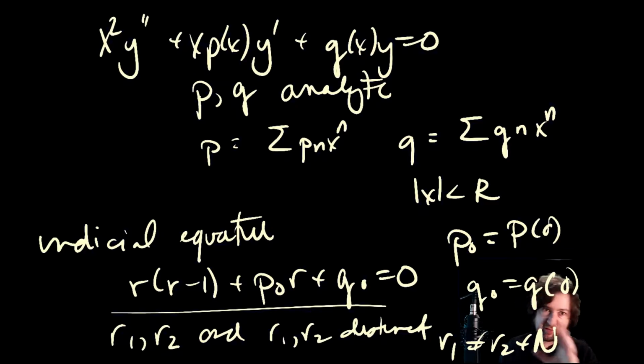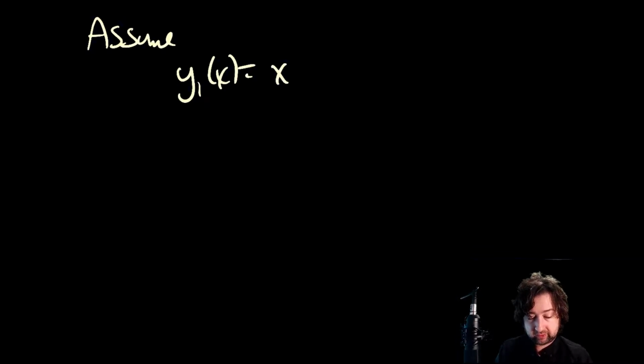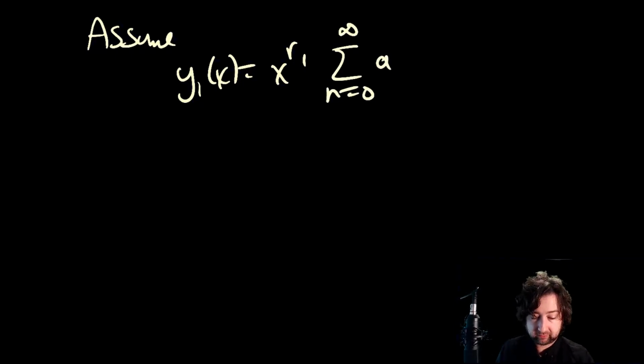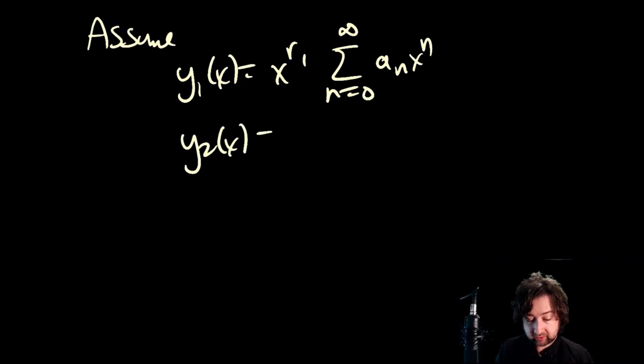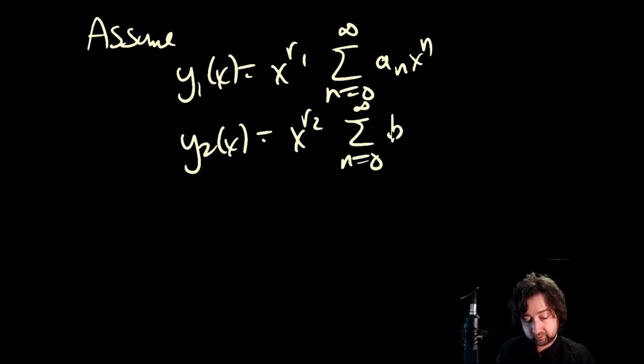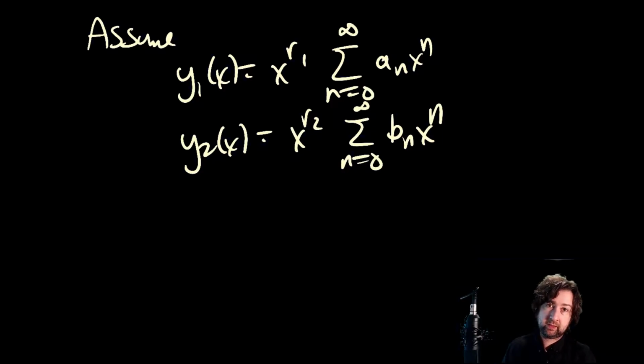What we mean by that is I can assume that y1 of x is x to the r1 times the sum from n equals 0 to infinity of an x to the n, and that y2 of x is x to the r2 times the sum from n equals 0 to infinity of bn x to the n. So if I make all those assumptions, then I know that I've got two series solutions which are called Frobenius series.